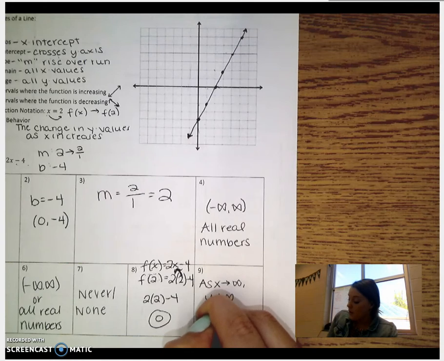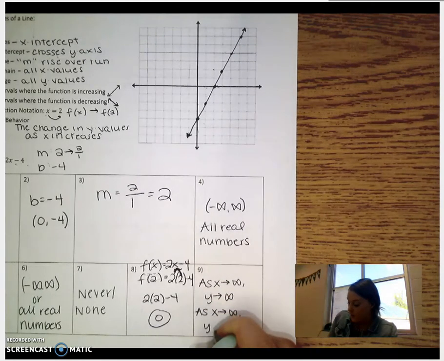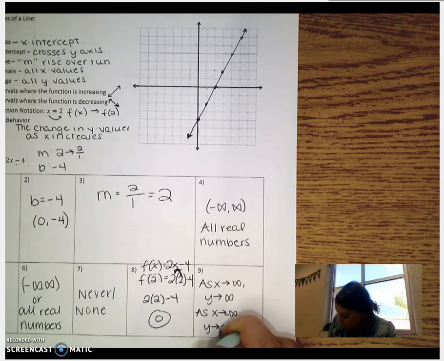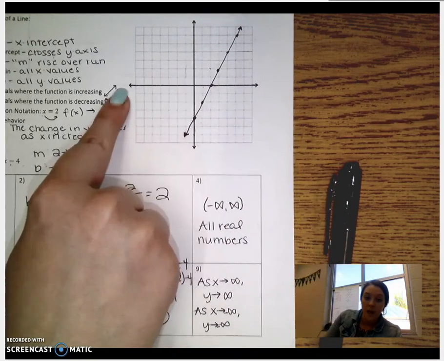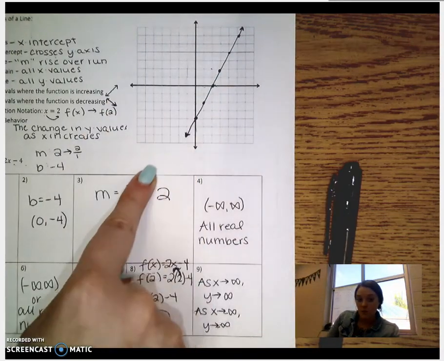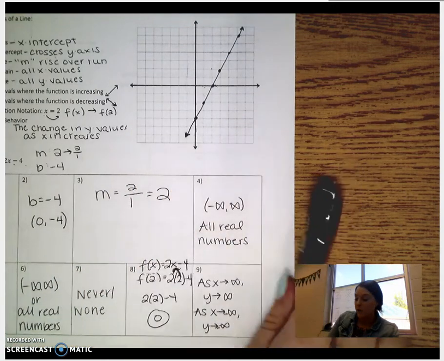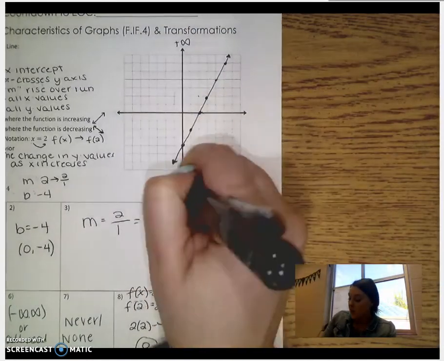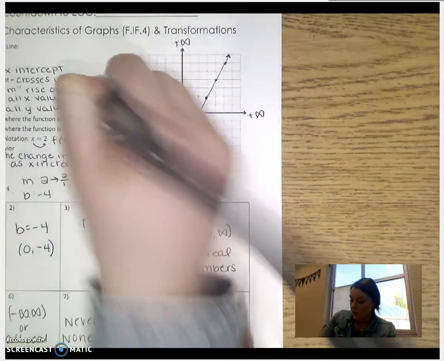You could do that in the opposite direction. As x approaches negative infinity, y approaches negative infinity. So I'm putting negative signs in front of both of those. So as x goes to the left, as I move this way, I'm going down forever and ever and ever, which would be negative infinity. So you have positive infinity up here, negative infinity, positive infinity, negative infinity.